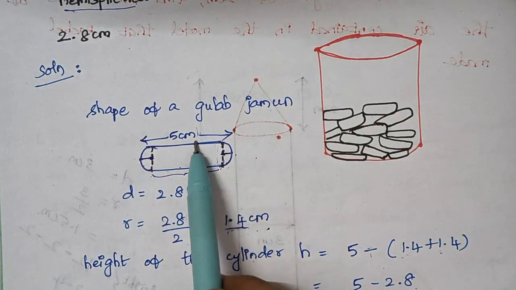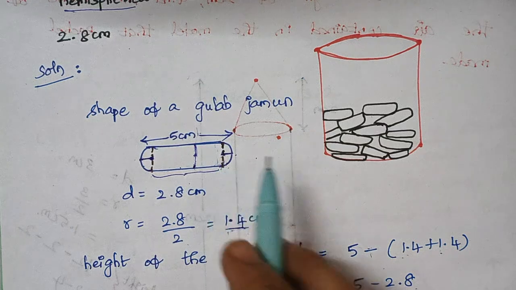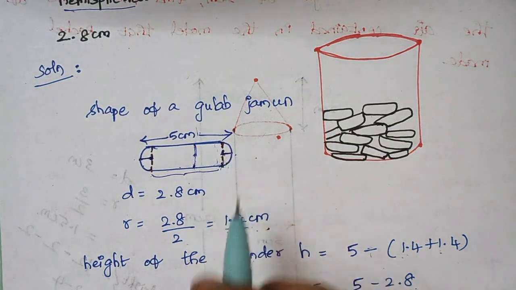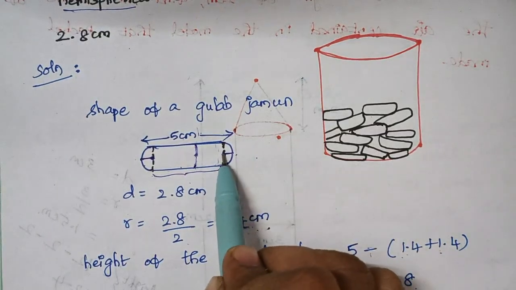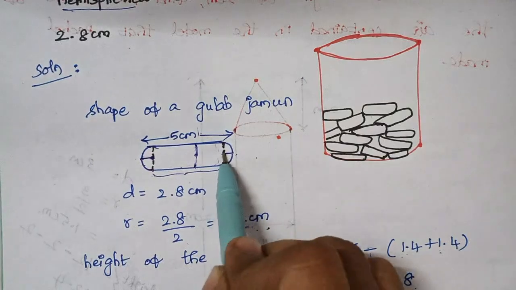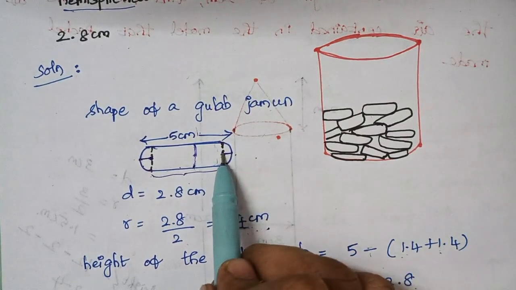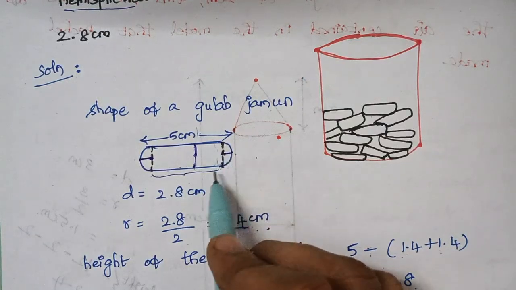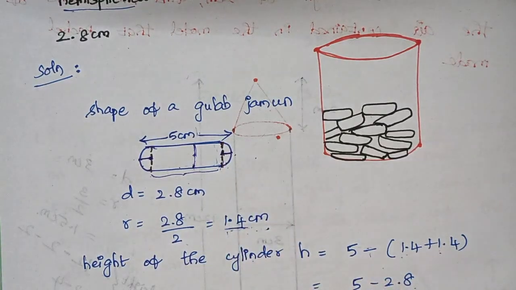The diameter is 2.8, so the radius is obviously 1.4. What do we mean by radius here? The radius is a line which connects the center to a point on the circumference. This is the radius, this is also a radius, and this portion is also a radius.